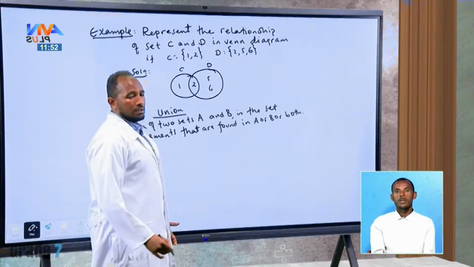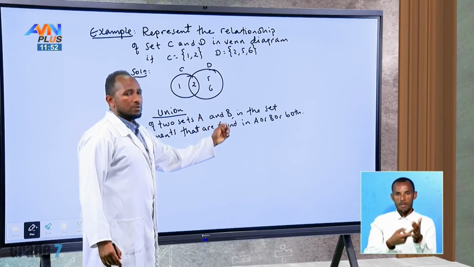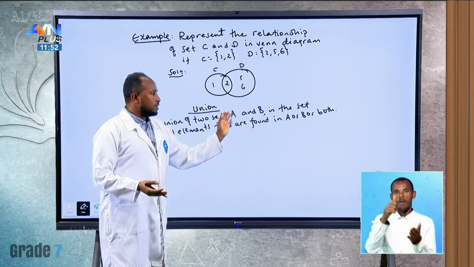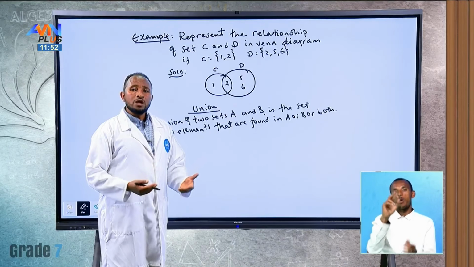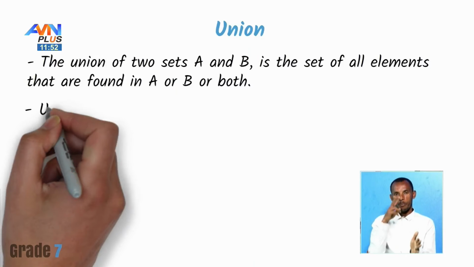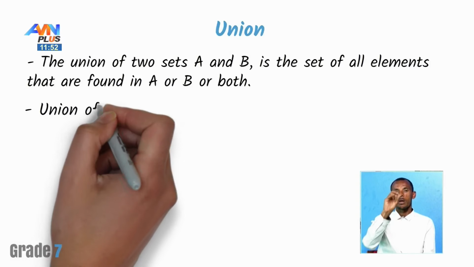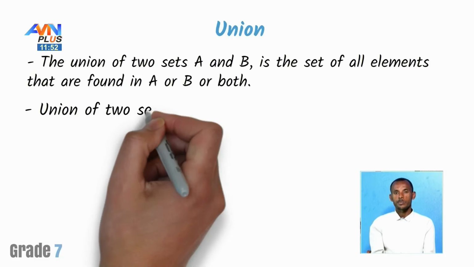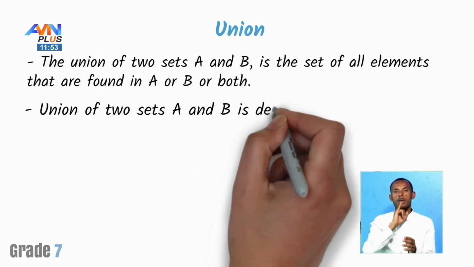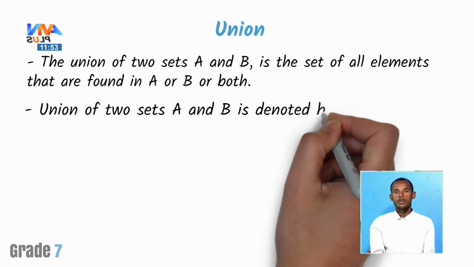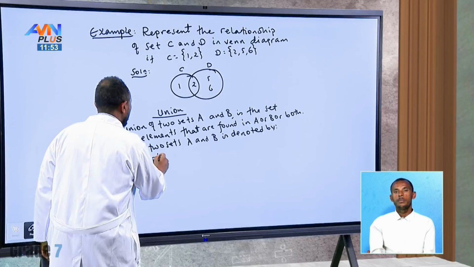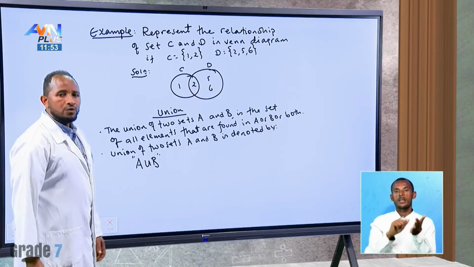So the union of sets A and B means the set of all elements that are found in A, in B, or in both. The union of two sets A and B is denoted by the symbol A∪B, which is read as A union B.